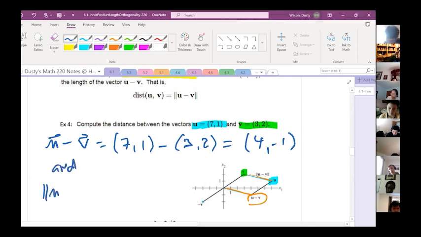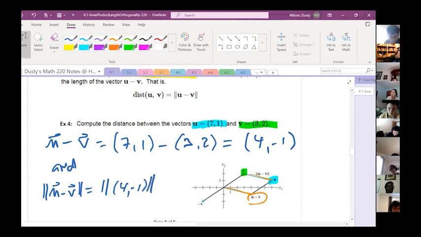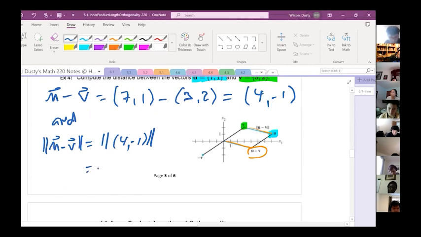And the magnitude of U minus V is the magnitude of (4, -1), which is the square root of 4 squared plus negative 1 squared, or 17, or the root of 17.